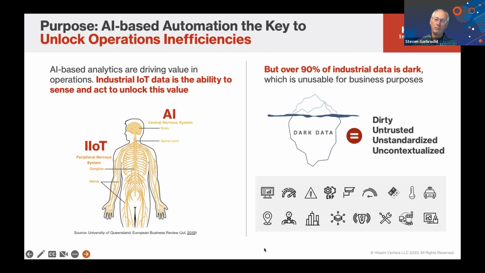So, the problem here is that 90% of this data many times is dark. It's dark in the sense that it's not used, not good for purpose. It's unclean. It's not trusted. It's not standardized, not put into a format that's really useful for people to leverage. It may be unknown, right?